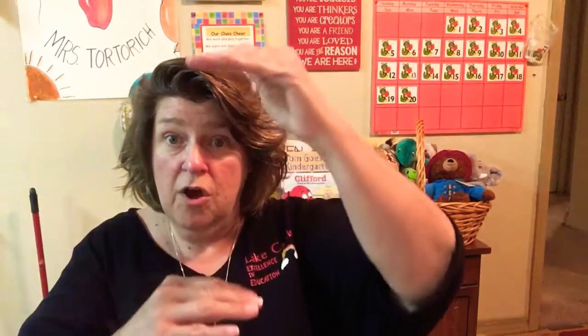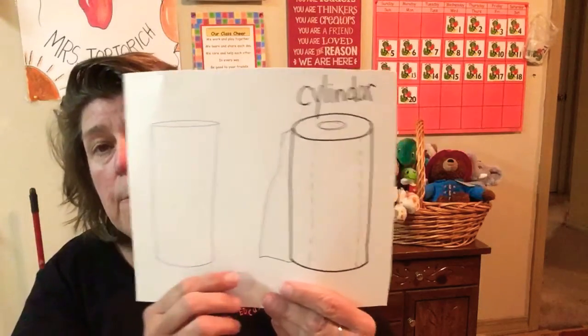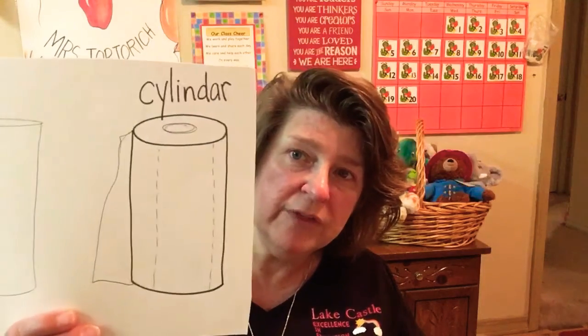The next shape I want to show you is called a cylinder. A cylinder can be tall or short, and it looks like this, kind of like a tube. But if I want to pick up and hold a cylinder, do you know what that is?